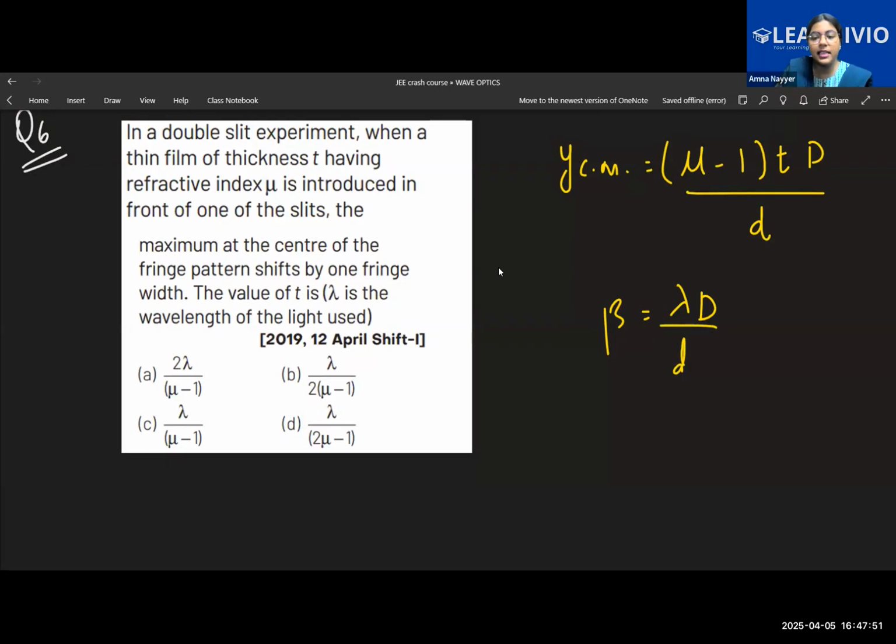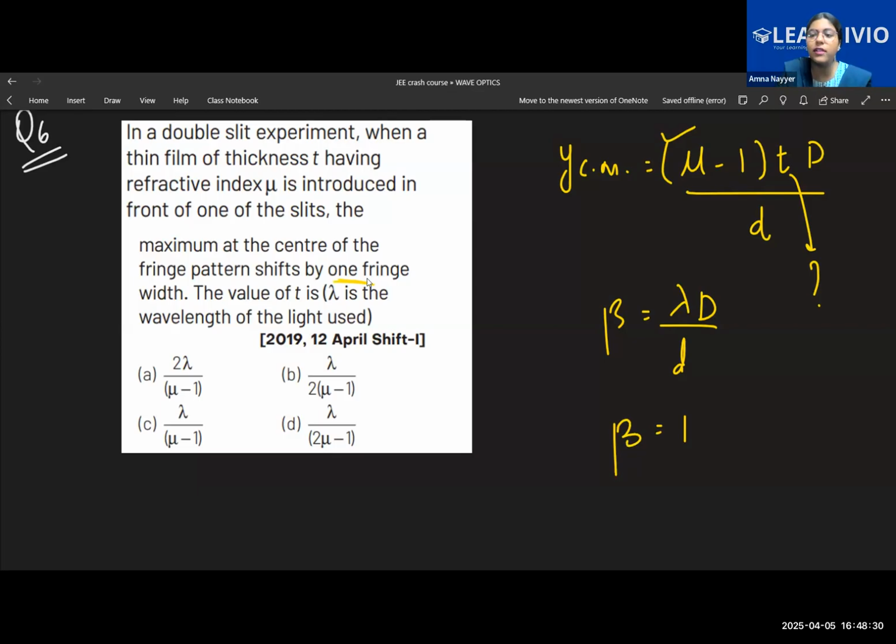Now this question says that a thin film of thickness t, this t is what we have to find out, having refractive index mu, so mu also is given. The maximum at the center of the fringe pattern shifts by one fringe width. Means what's the value of beta given? Beta is given as 1. One fringe width.